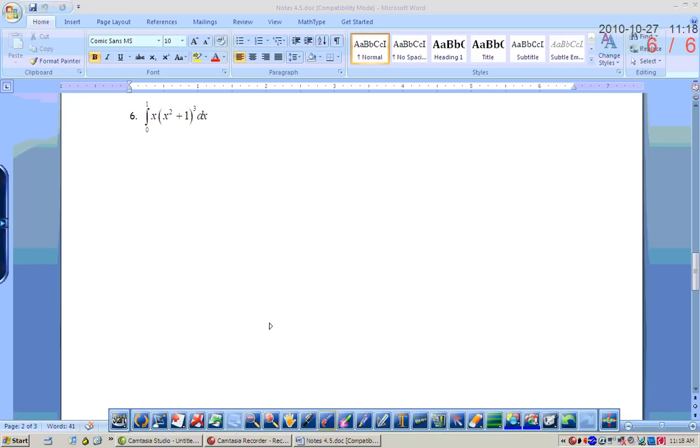All right, what's different about number 6? It's a definite integral. Good, because it's got your limits of integration. We're going to work it the exact same way. So what do you think you're going to let u be? Good. X squared plus 1. Du? 2x dx, is that going to fit? Or can I make it fit?